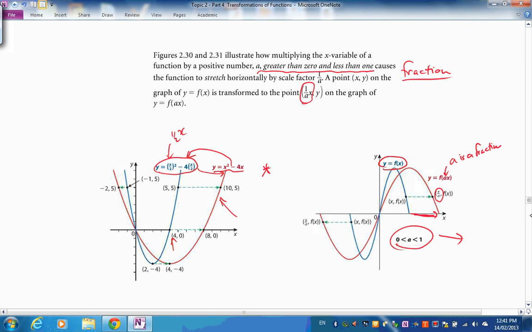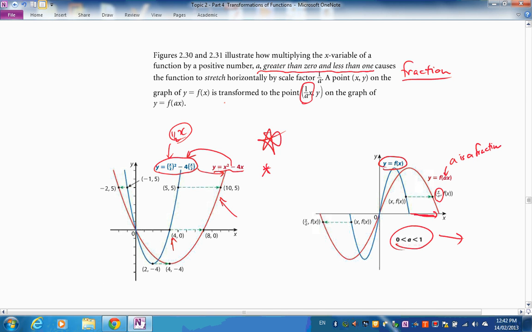So when you change the x term in the formula, let's come back over to this one. When you change that x term by putting in a fraction times x, it's going to stretch it out in the x direction. So we can stretch it up, we can stretch it wide, and we can understand a little bit now of how to get the formula for those functions that have been stretched.